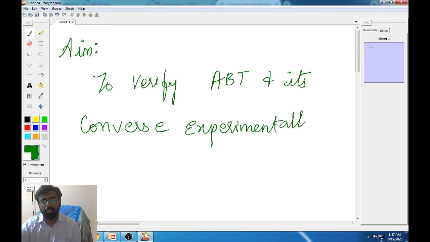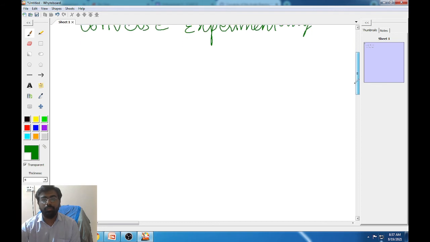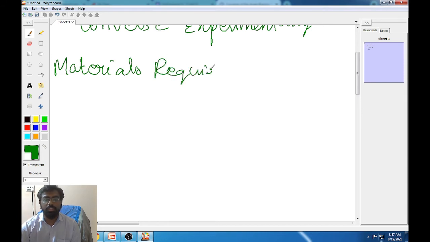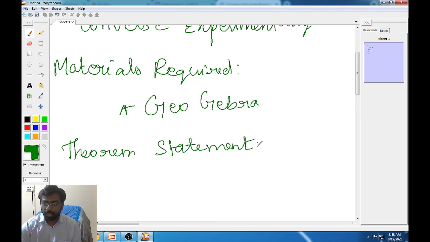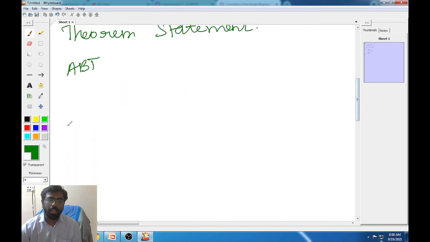The materials required: this is made by a virtual portal called GeoGebra. Next, write the theorem statement, both ABT and its converse separately.